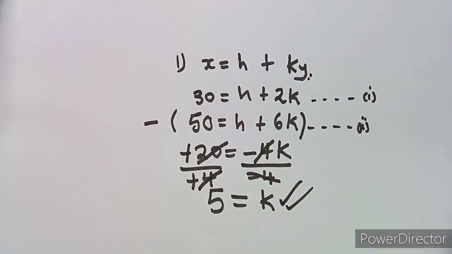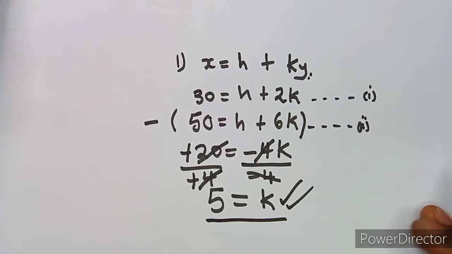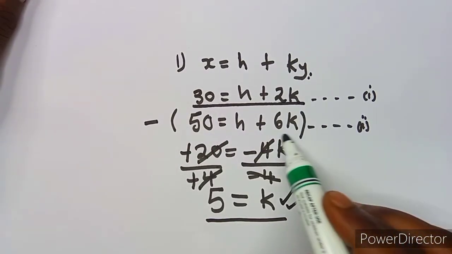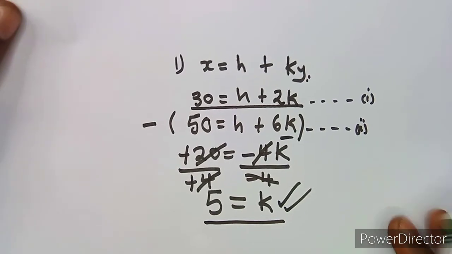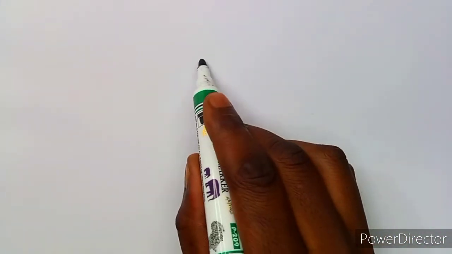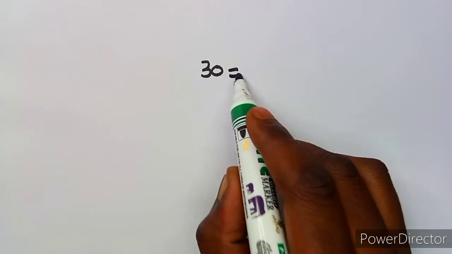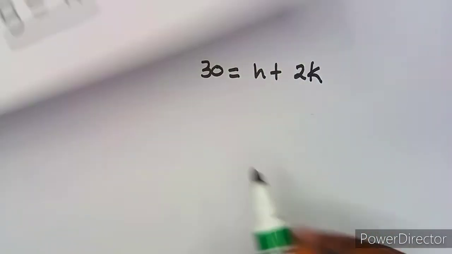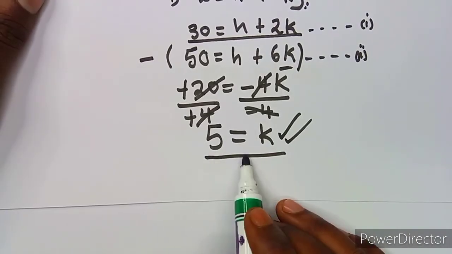With this value of K, I'm going to substitute into one of these equations. I can choose either one, it's your choice. I'm going to choose the first equation, where we have 30 is equal to H plus 2K. Let's substitute the value of K, which is 5.